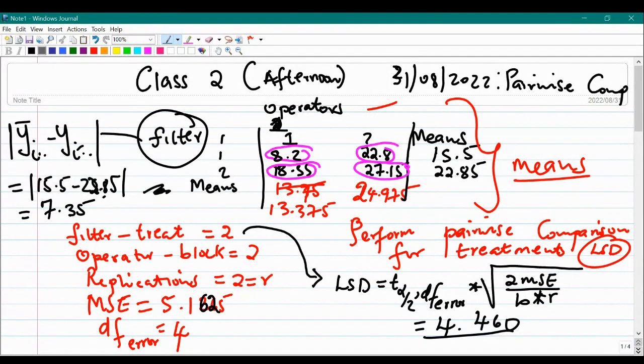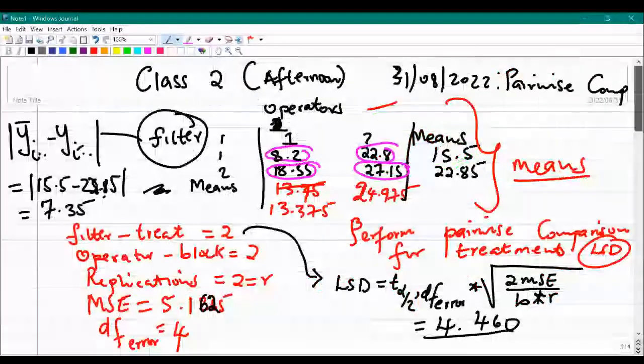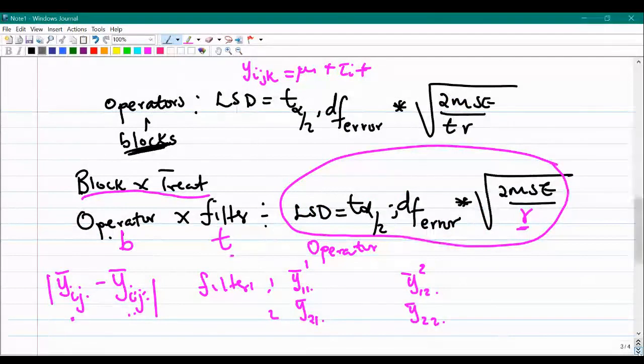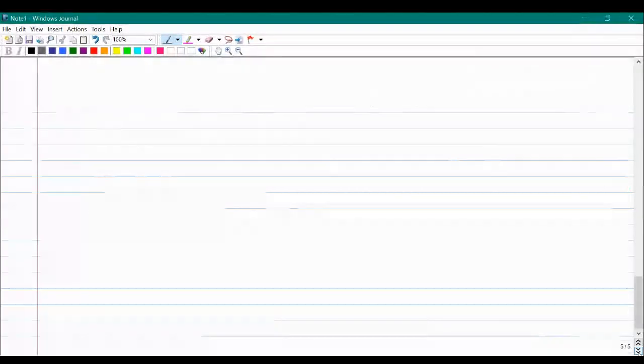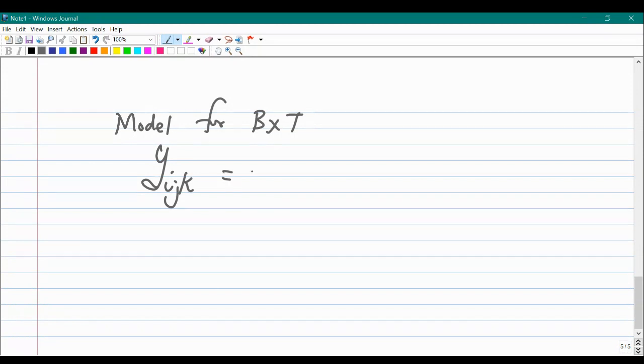No, that one I said, Mr. Mabunda, when you write the model, what is the model? Let me go to the next page. The model for blocks by T is given by Y, I, J, K, isn't it?